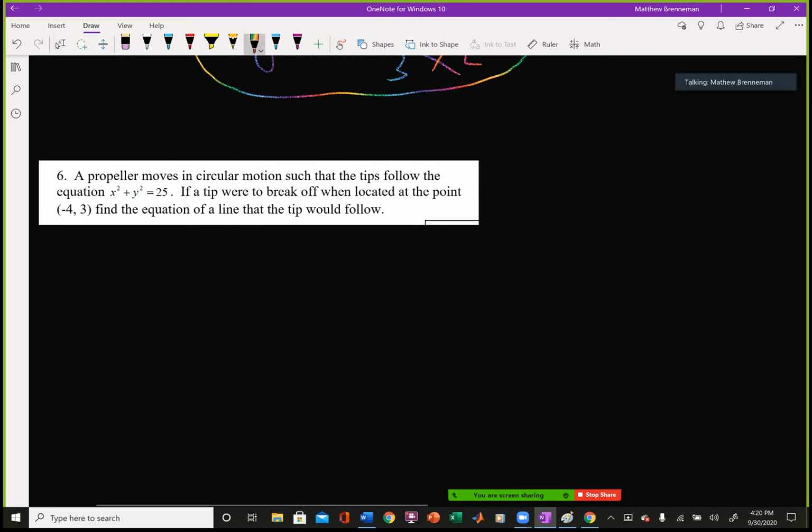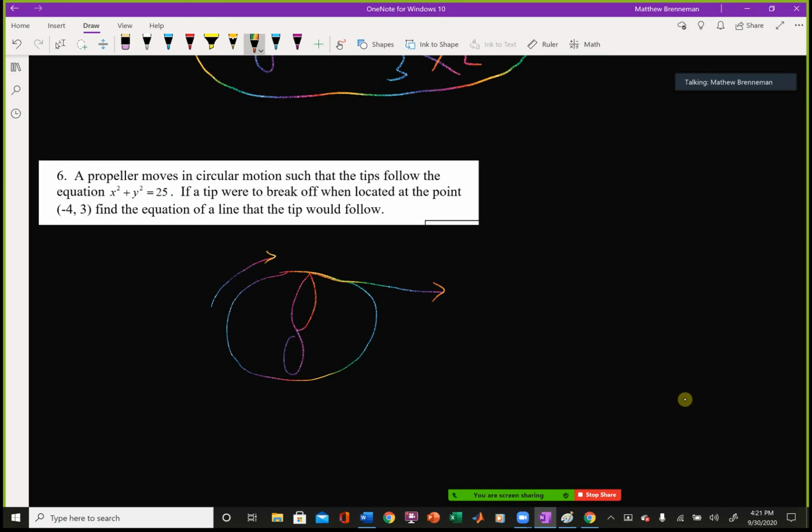So I'm going to go back to something I've already told you guys. So this is my propeller, right? It's going around. And if all of a sudden the tip were to break off, remember what we said, that if you're going in circular motion and all of a sudden something breaks off, it goes to a tangent line, right?